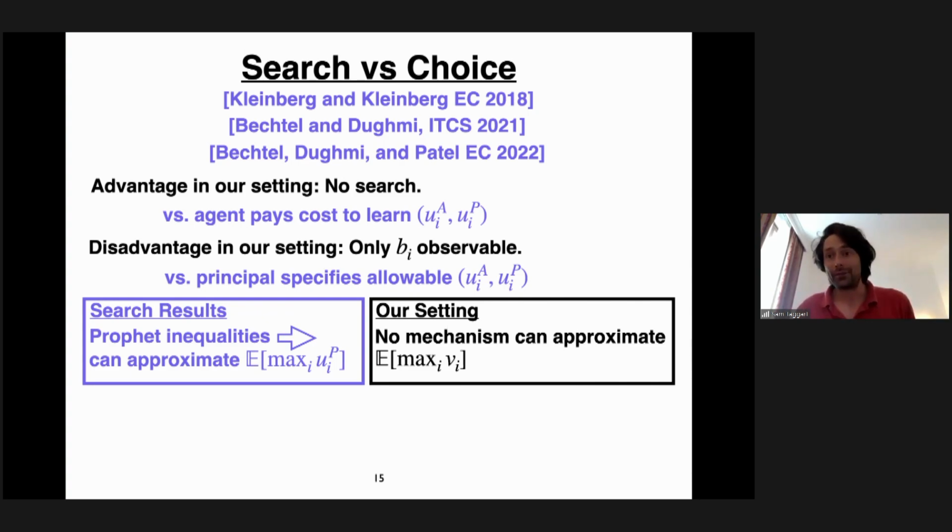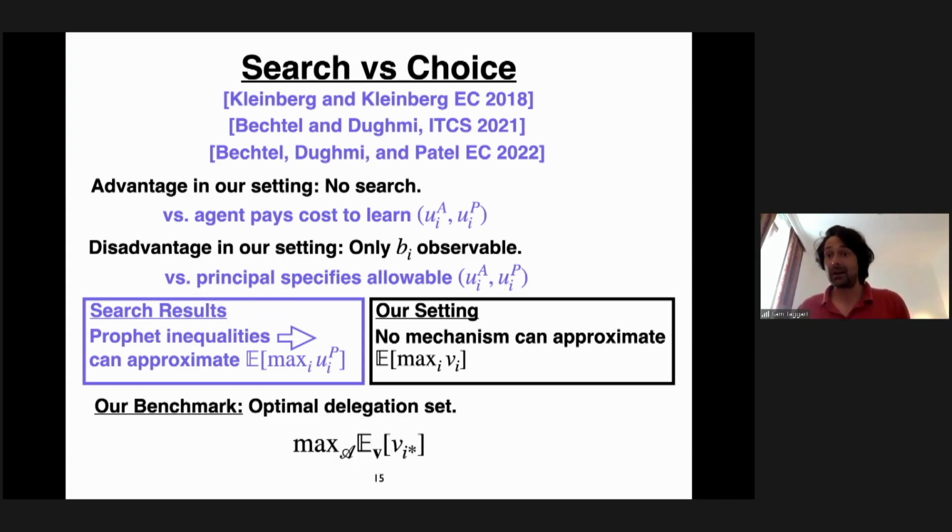You can show that there are examples where the principal just can't approximate the first best to any factor better than like n. So somehow this ability to verify is really powerful, and we're not going to give ourselves that power. And because we can't approximate the first best, we're not going to ask about comparisons to first best. We're going to study comparisons to the optimal delegation set, or the second best solution. So we have a different benchmark because our model affords us really different things.